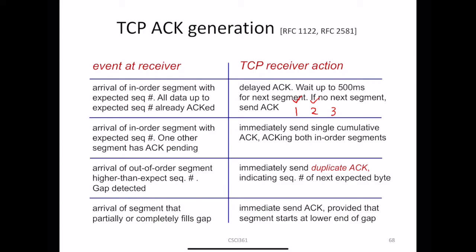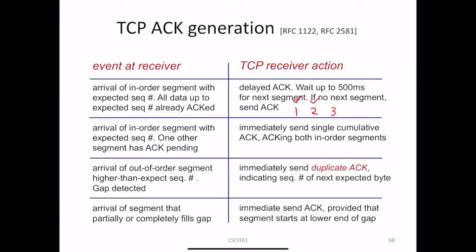So let's see the second pair. Arrival of in-order segment with expected sequence number, where one other segment has ACK pending. The action is to immediately send a single cumulative ACK, ACKing both in-order segments.